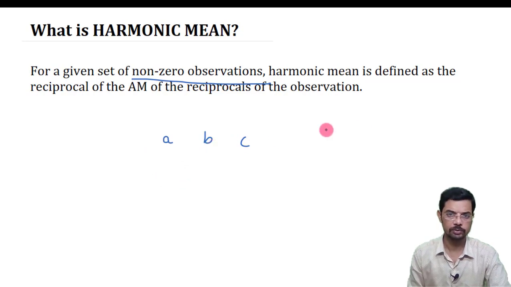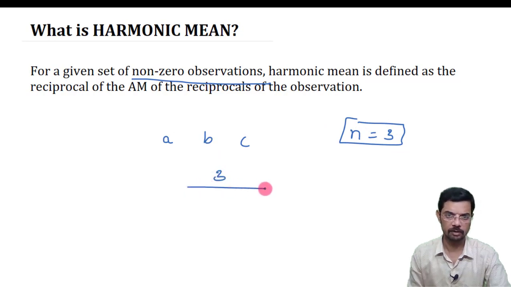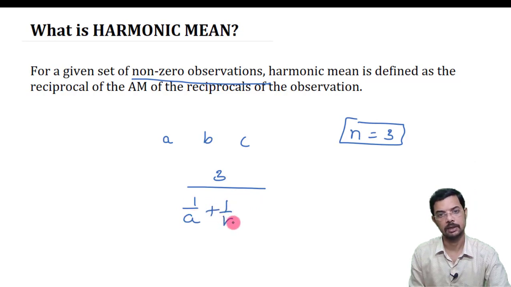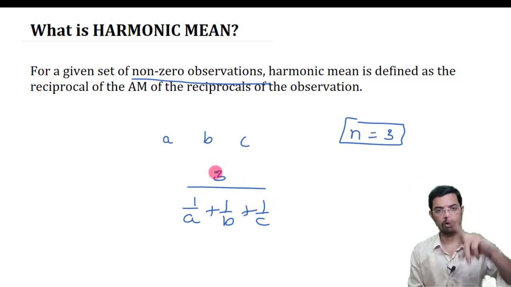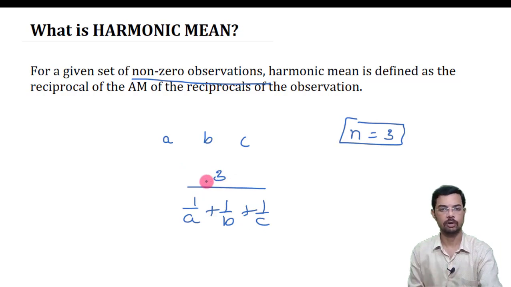First, there are three observations here, so n is equal to 3. We will put 3 divided by the sum of all reciprocals of the observations, that is 1 by A plus 1 by B plus 1 by C. This is nothing else but the reciprocal of the arithmetic mean of the reciprocals of the observations.